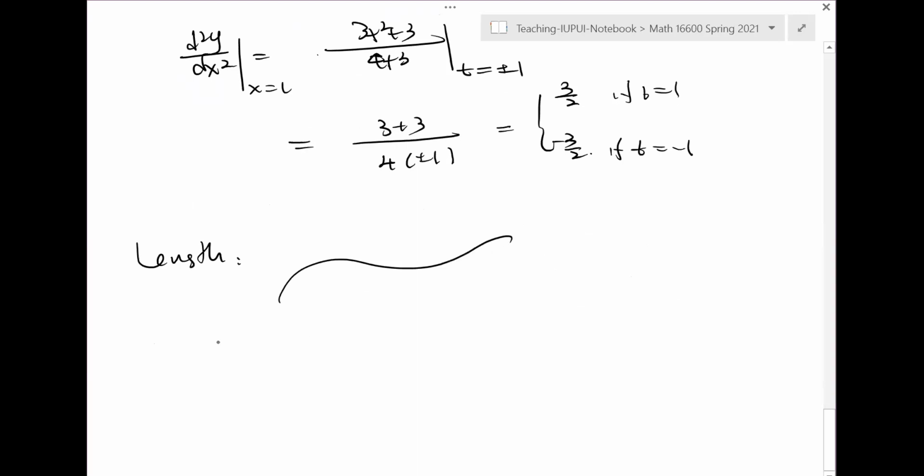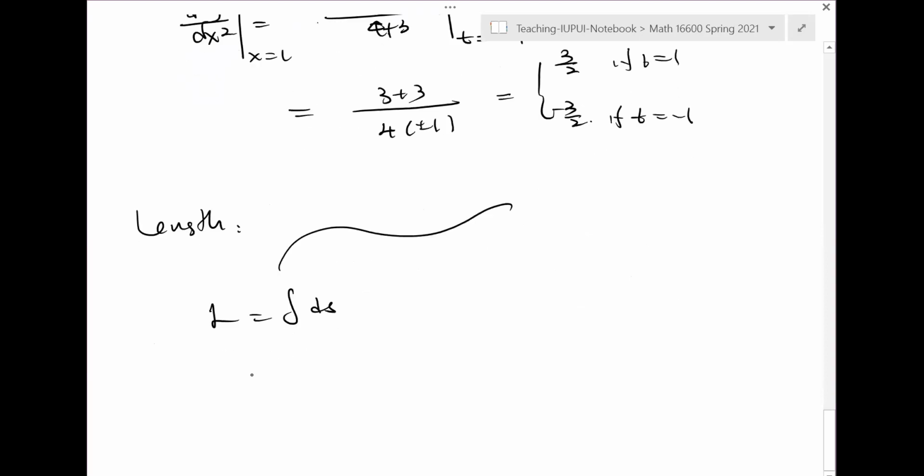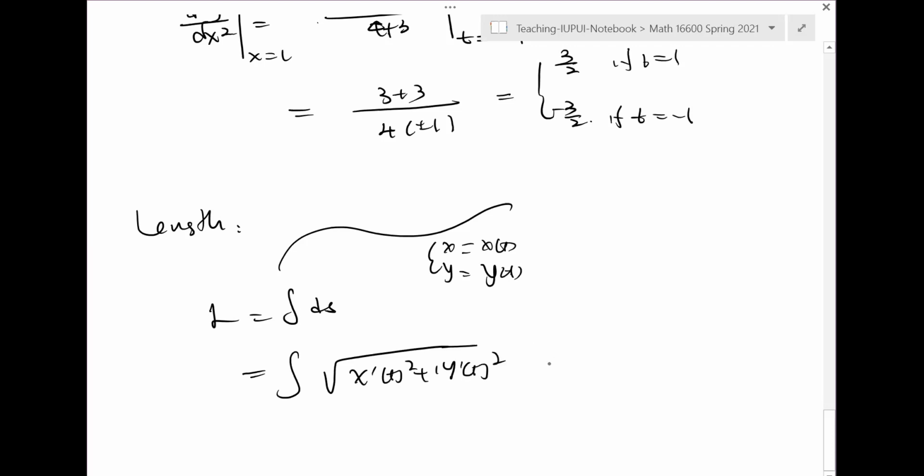So given a curve, the length is going to be the integral of ds. And if x is equal to x(t), y is y(t), then ds is going to be the square root of this, the sum of the two squares, times dt, where t is from alpha to beta. Okay, so this is actually ds.